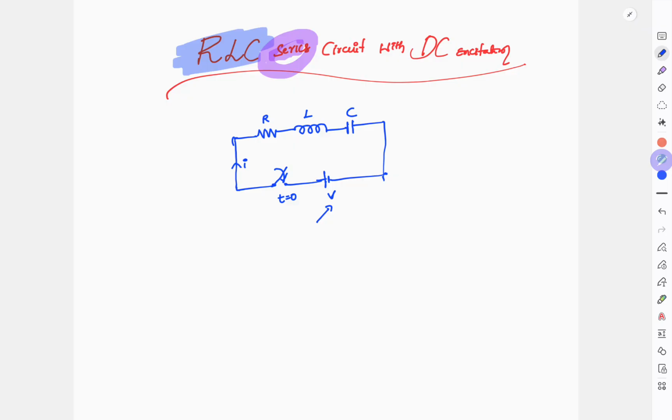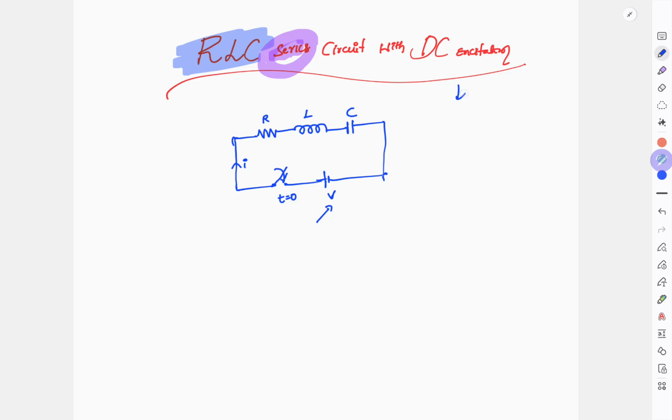First I will derive the equation, then you can remember the formulas that I'll be mentioning over here. Very quickly you can remember those formulas, because there is no need to go through all these derivations, but the first time I'm deriving because this is very useful for you in networks.